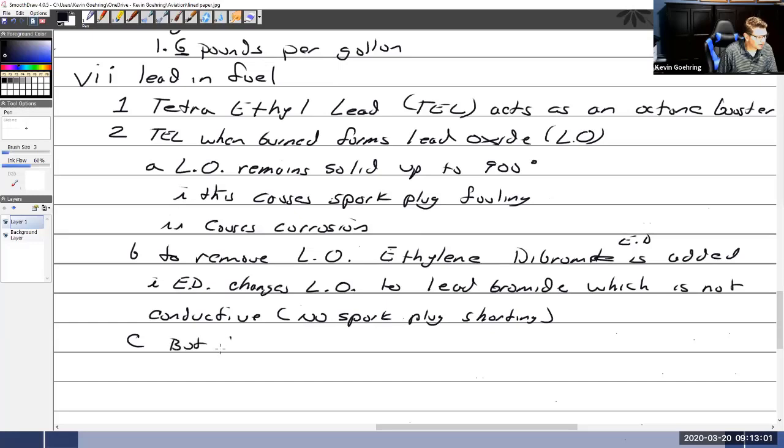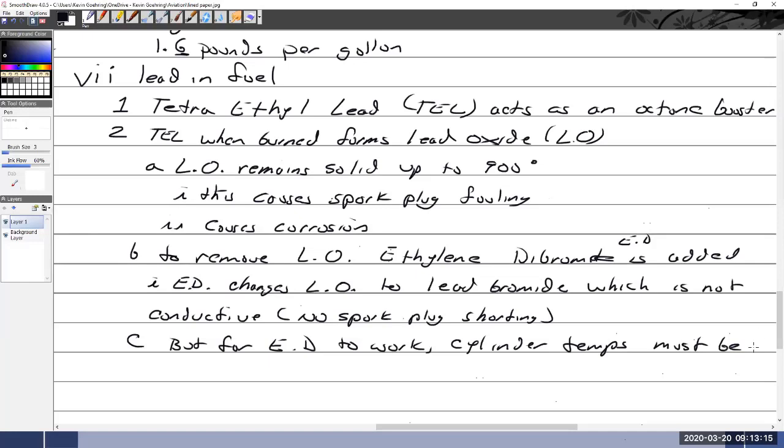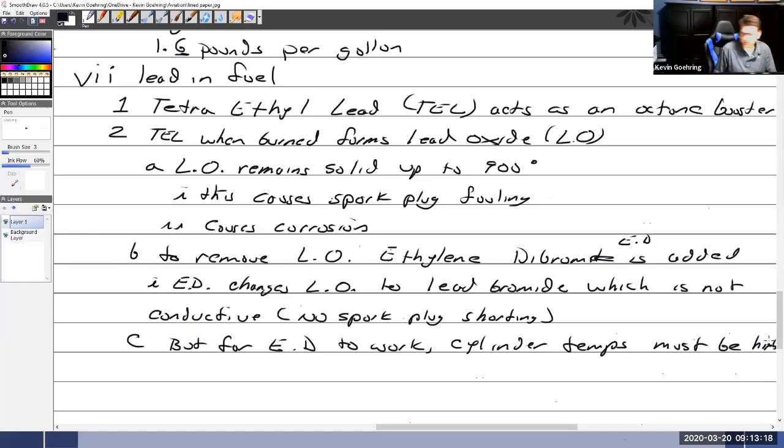But for the ethylene dibromide to work, cylinder temps must be high. Is that a fuel additive? Yes, must be high. All right, and that's where I said that.